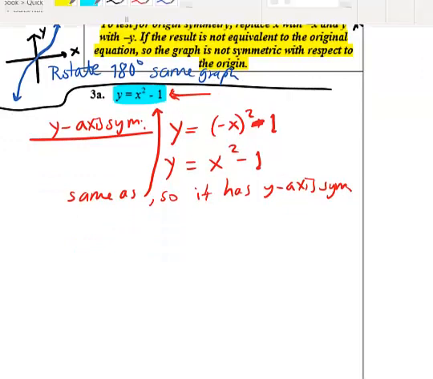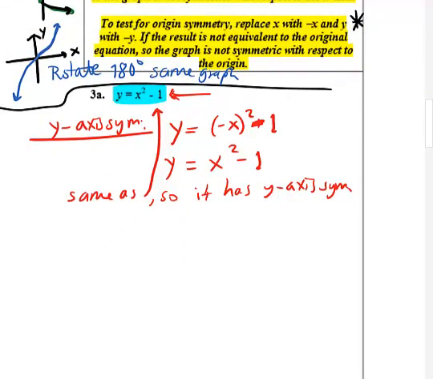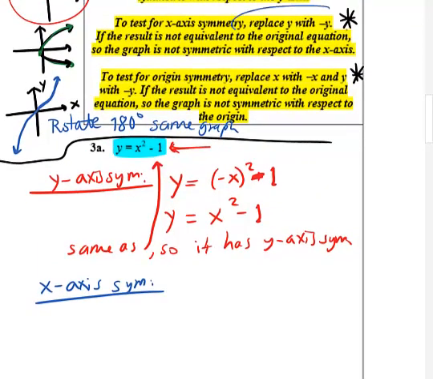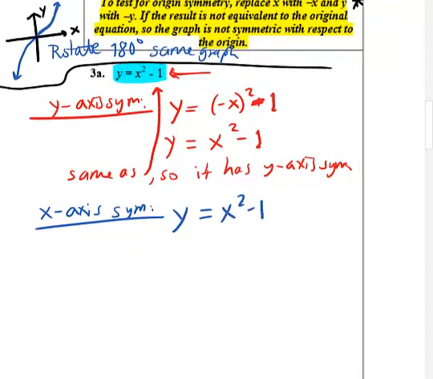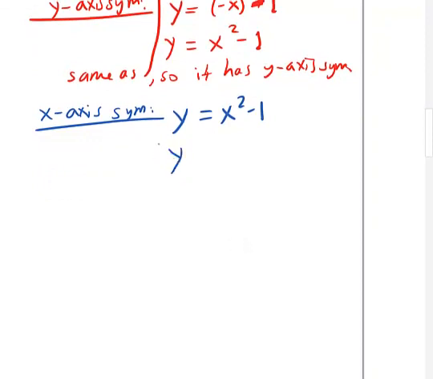Okay, and let's test for the other types of symmetry, although I know they're probably not going to work. Sometimes they do, but this is just one I don't think will work. X-axis symmetry: this time we replace y with negative y. It started out as y equals x squared minus 1, but I'm going to write negative y.